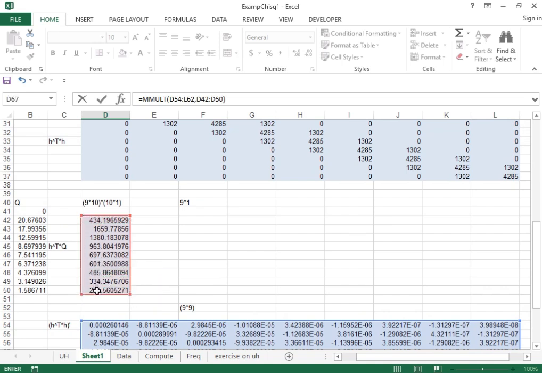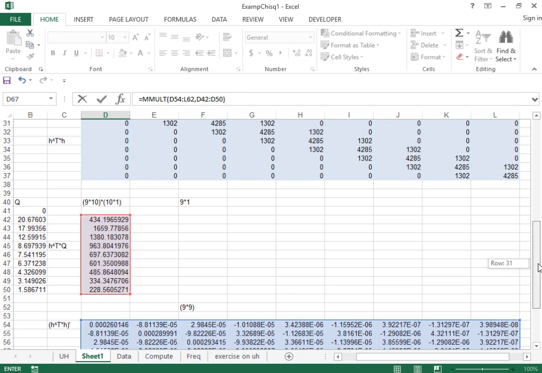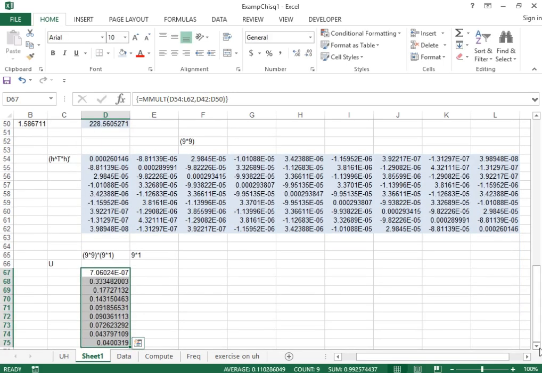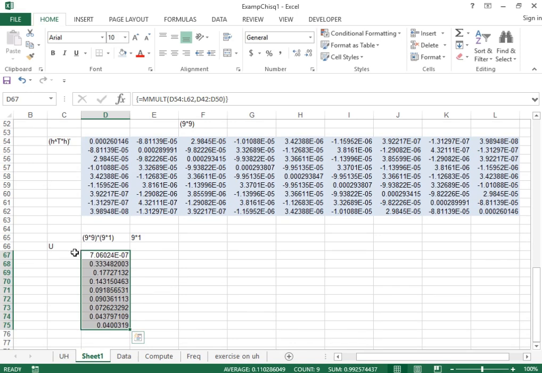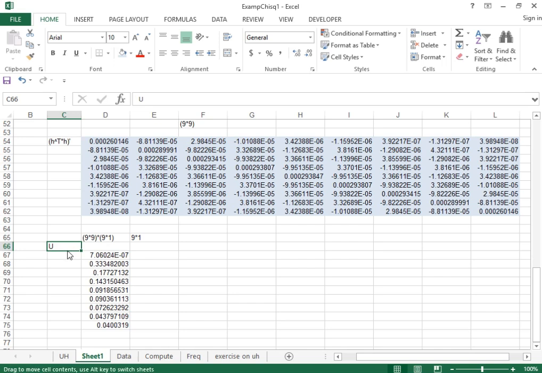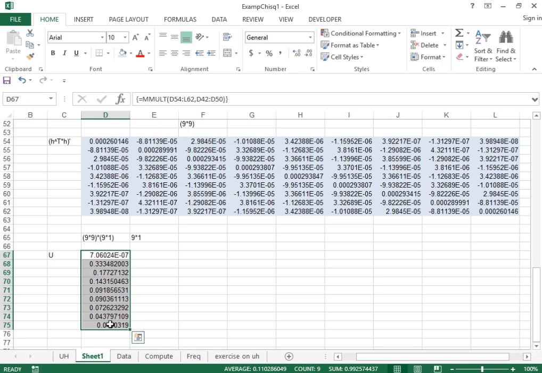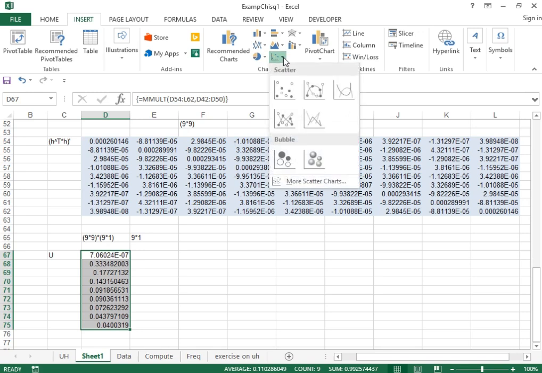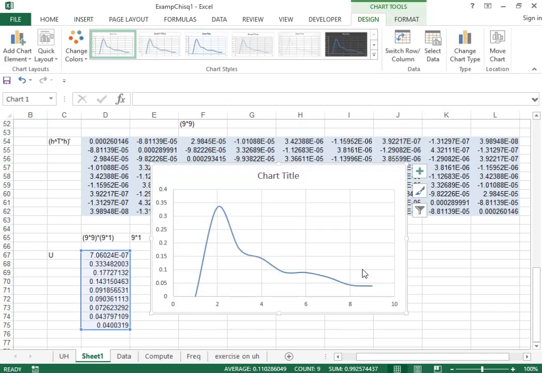Close the bracket, and then Control plus Shift plus Enter, and now we have this U, the ordinates of the unit hydrograph. These are the values. If you are interested to see the graph, you can proceed and see it in such a way.